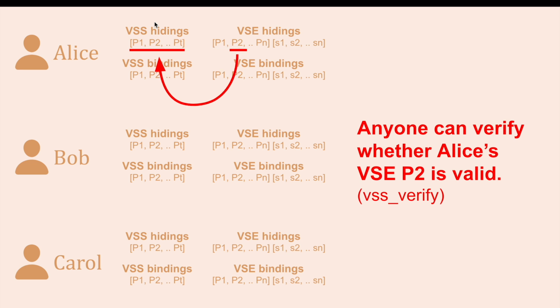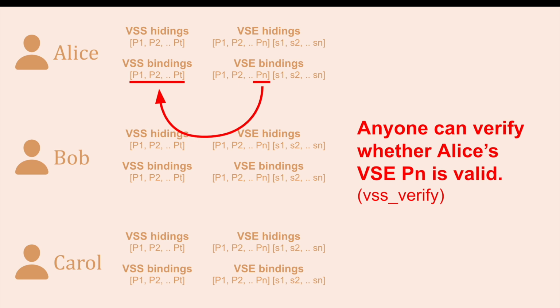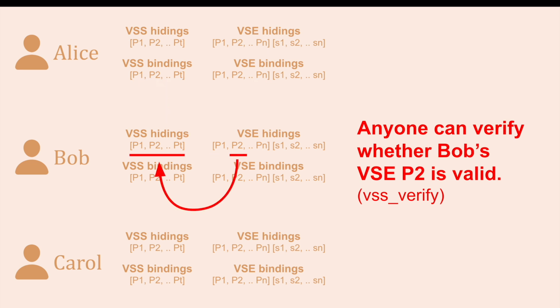Similarly, we can run VSS verify to make sure P2 is valid against the VSS points. Similarly, Pn. We do the same for bindings. We make sure the VSC P1 binding point is valid against the VSS binding points. Similarly, we make sure the P2 binding point is valid against the VSS binding points. And similarly for Pn, we do this for everyone, and everyone does it for everyone.